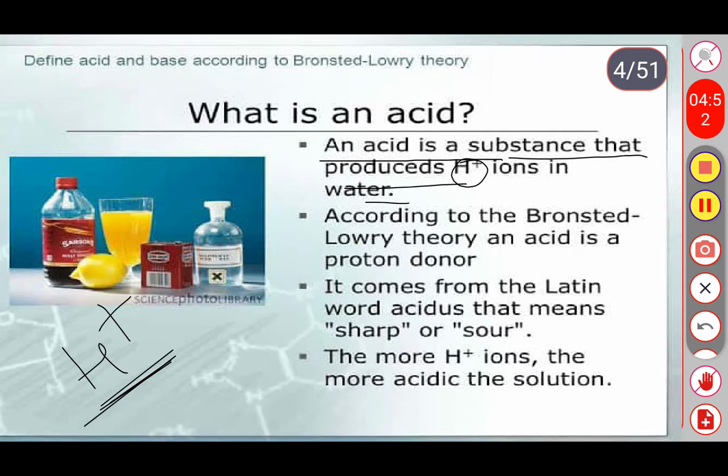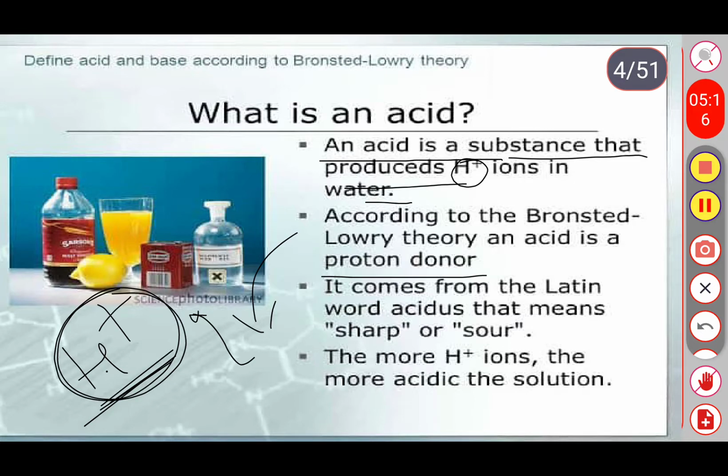When any acidic substance is dissolved in water, it always produces the H plus ion. It means hydrogen ion. According to the definition, it releases hydrogen plus ion, a proton, so it is the proton donor.